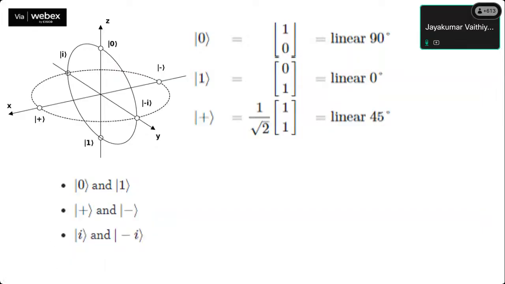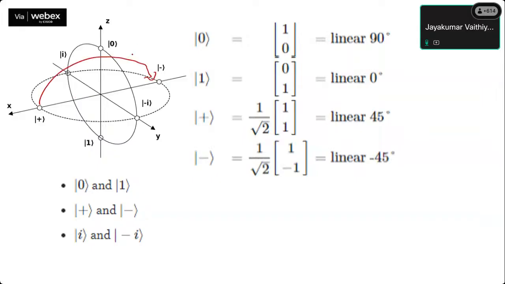Now look at the negative state, which is on the opposite side of positive in this sphere. That is why you represent it with a negative sign on the second component, to represent the opposite side. So the negative sign has some physical meaning over here.